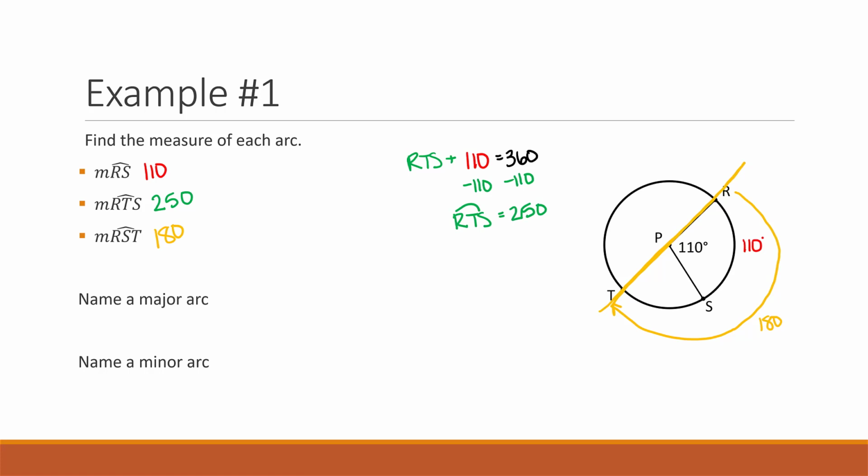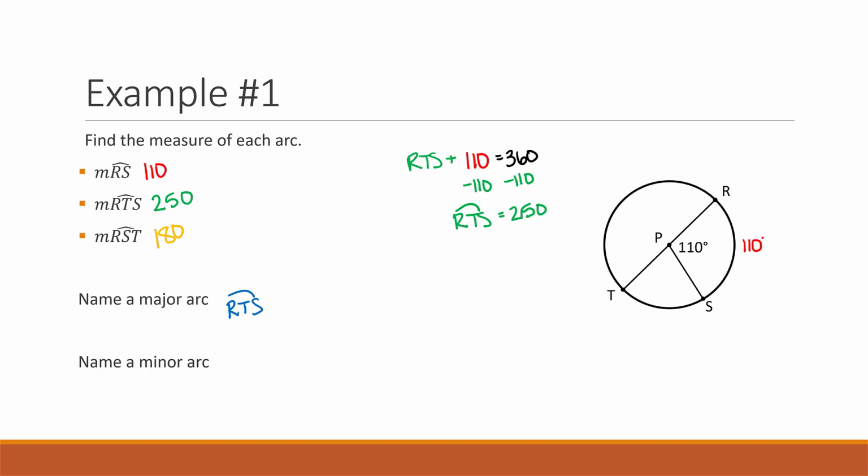So if we want to name a major arc, remember that a major arc has to go more than half the circle. So an example would be RTS, because that has a measure of 250. RTS. That would be a major arc.